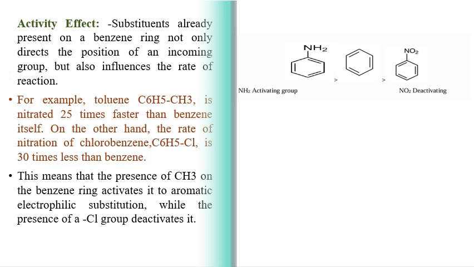On the other hand, nitration of chlorobenzene is 30 times slower than benzene. This means the presence of a methyl group on the benzene ring activates it toward aromatic electrophilic substitution, but the presence of a chlorine group deactivates it for further substitution.